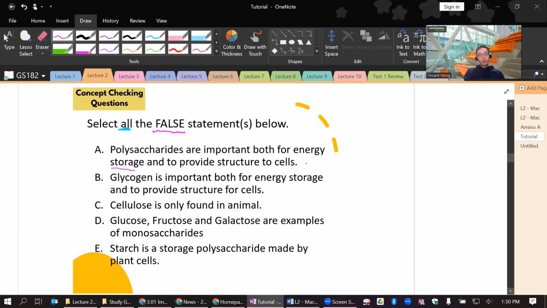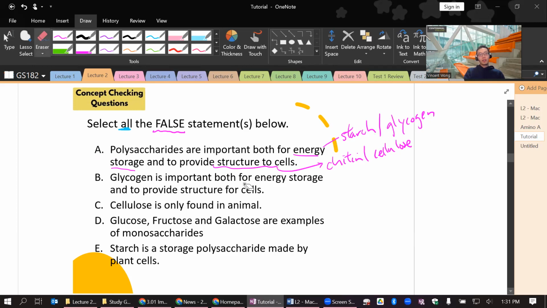For energy storage, we have things like starch or glycogen. And for structure, we have things like chitin and cellulose. So that's a true statement. We are looking for the false one, so we are not going to select that.